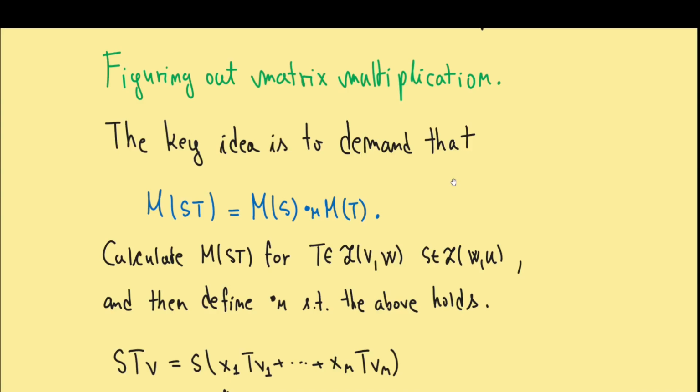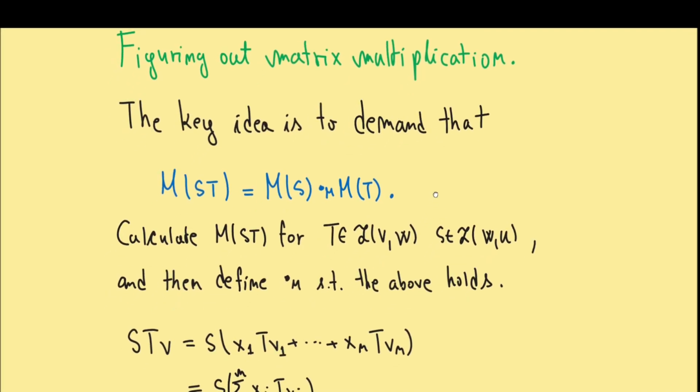Due to our matrices of our given linear transformations corresponding to those linear transformations, we would like for matrix multiplication to correspond to function composition, so to composition of linear transformations.